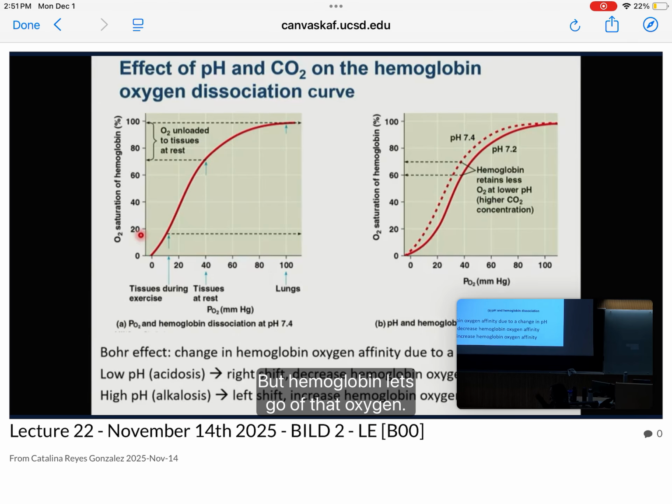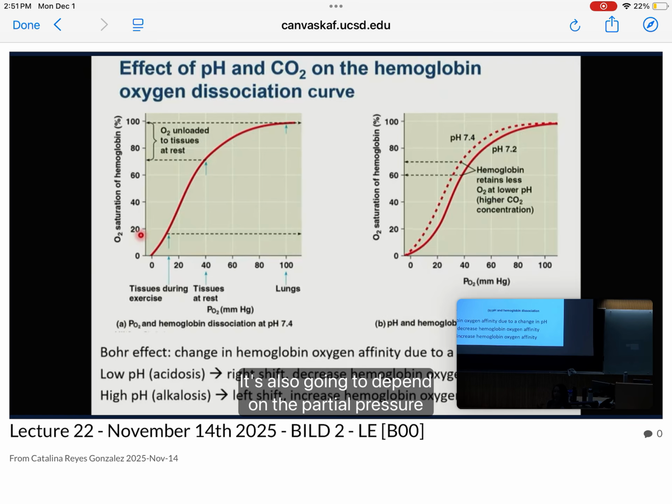Now that oxygen is dissolved in the blood, so it's contributing to the PO2 in the blood, and it can diffuse into the cells, crossing the cell membrane down a partial pressure of oxygen gradient.